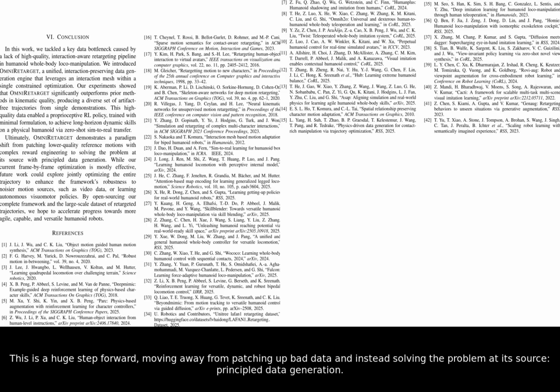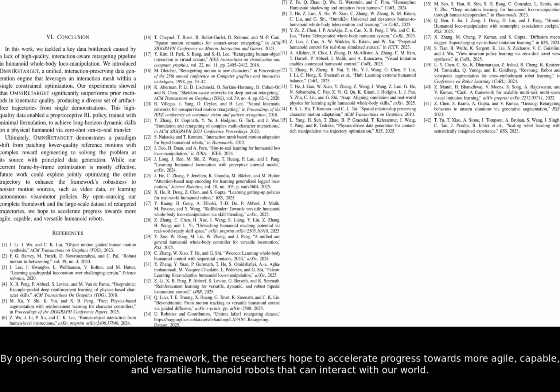This is a huge step forward, moving away from patching up bad data and instead solving the problem at its source: principled data generation. By open-sourcing their complete framework, the researchers hope to accelerate progress towards more agile, capable, and versatile humanoid robots that can interact with our world.